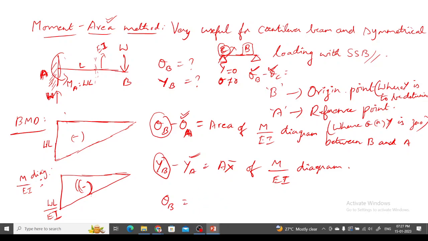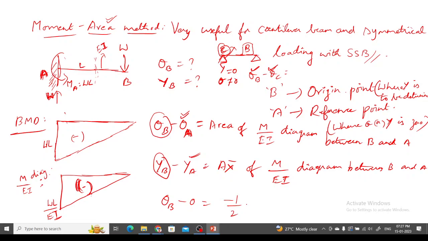So for this example, theta B minus 0 equals the area of the M by EI diagram between B and A. If I write the area of this, it's a rectangle, right? And it's also in the negative direction. Here only the sign convention actually comes into play. So I have to write it with the sign, and the negative sign indicates that the slope is in the clockwise direction.